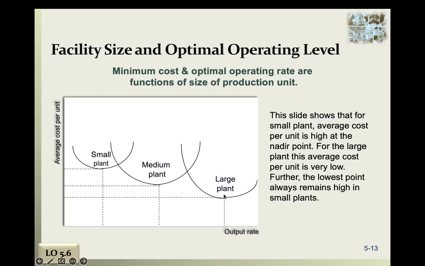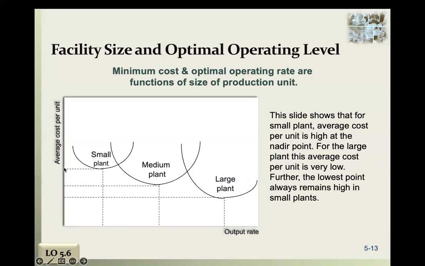And as you can see, when we are increasing output rate, large plants become more efficient and more cost effective. The cost is lowest. So this axis, the y-axis, represents cost, and with the large plant, the cost is lowest. For medium, cost is high, and for small, cost is even higher.